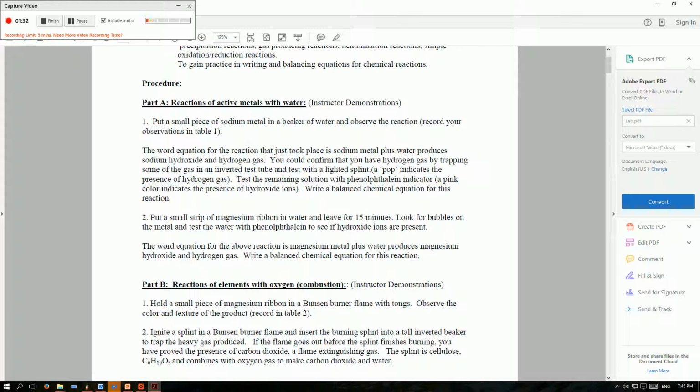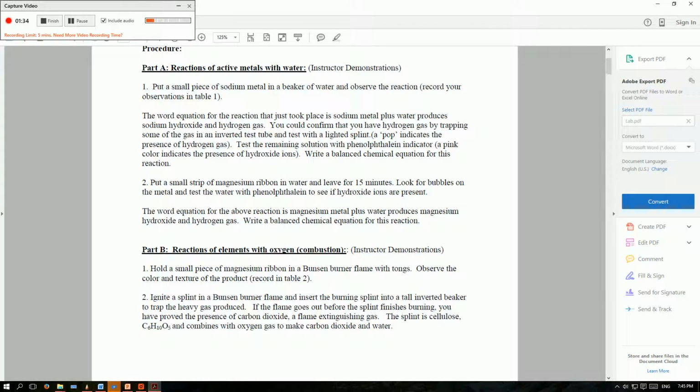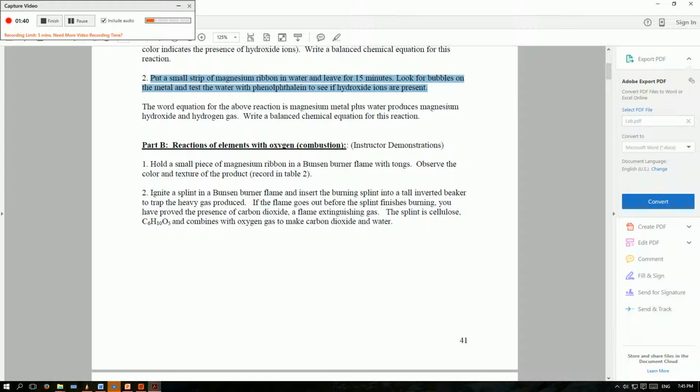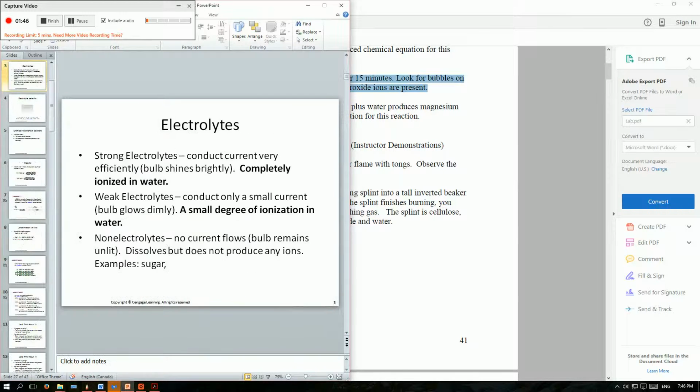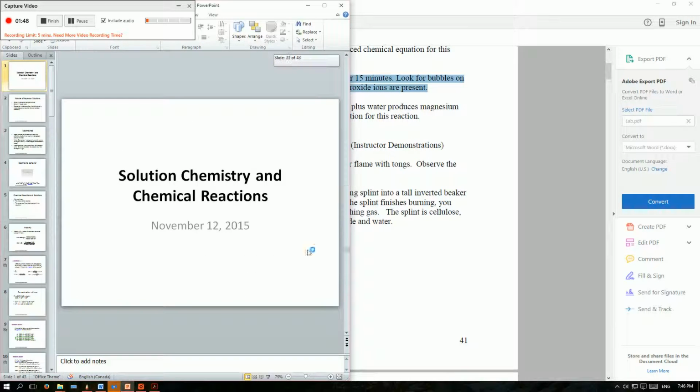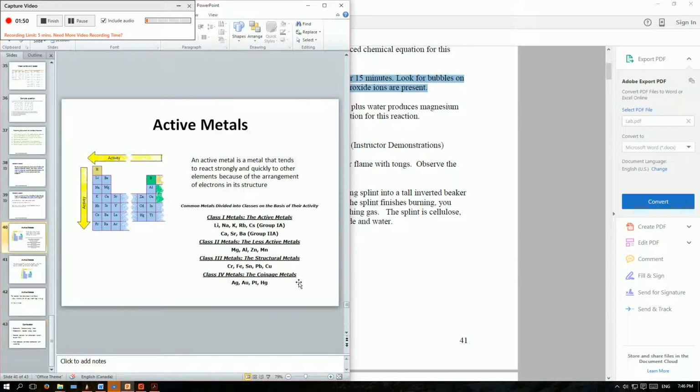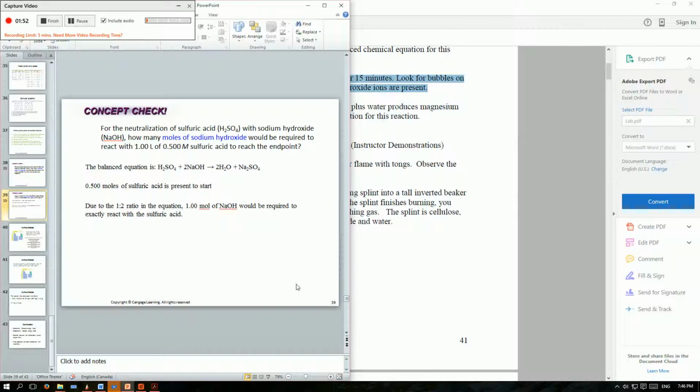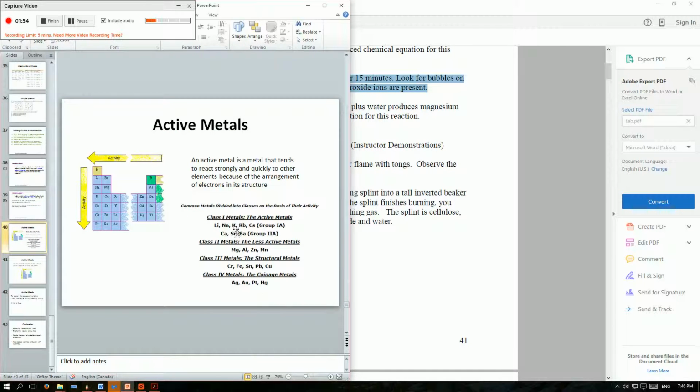Okay. So, like we said, I didn't do 2, right? If you put a small strip of magnesium in water, look for bubbles. But I went through that in class. Basically, it would react as an active metal, right?